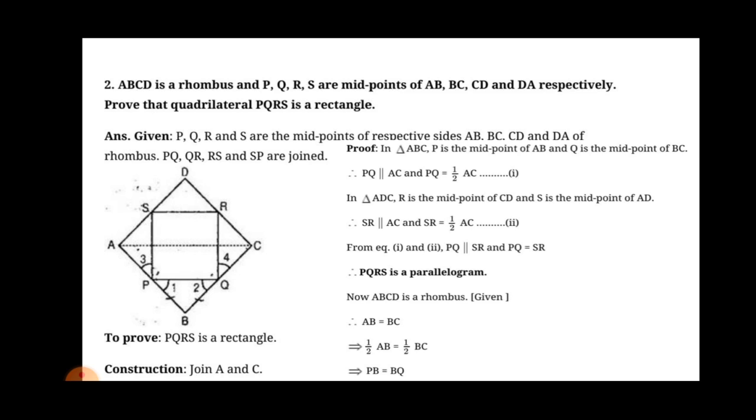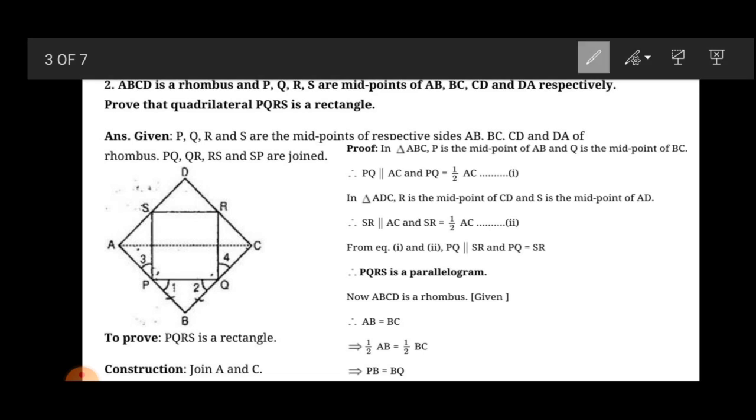Question number 2. ABCD is a rhombus and P, Q, R, S are midpoints of AB, BC, CD and DA respectively. Prove that quadrilateral PQRS is a rectangle. Given that P, Q, R, S are the midpoints of the sides AB, BC, CD and DA.